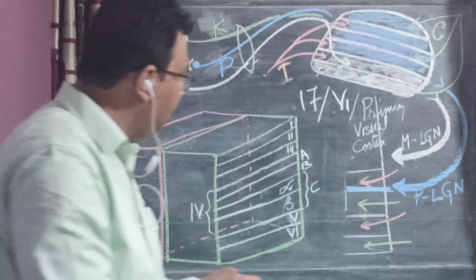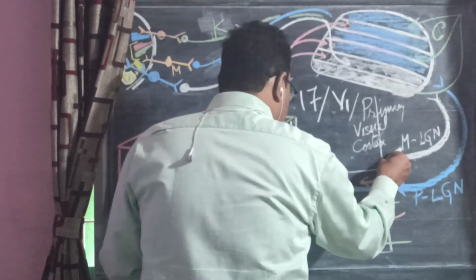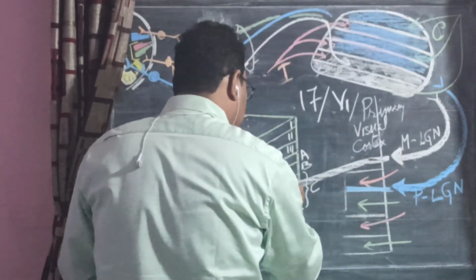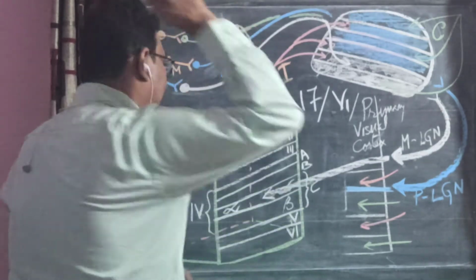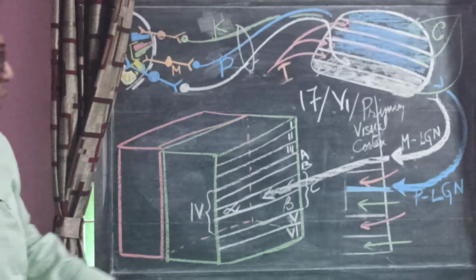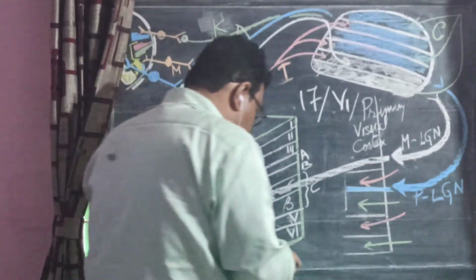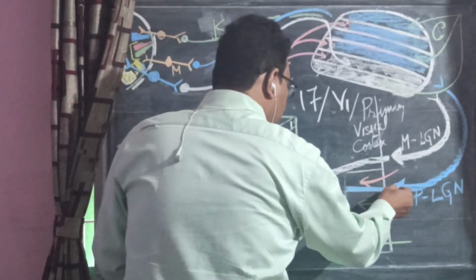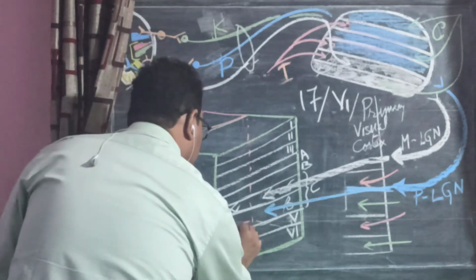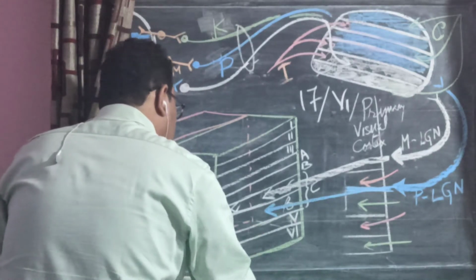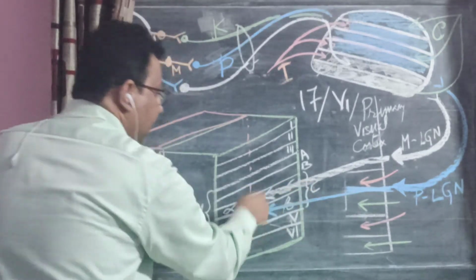Because it has been seen that the magnocellular pathway will be entering into this layer, and the parvocellular pathway will be entering into this layer, the 4C beta.